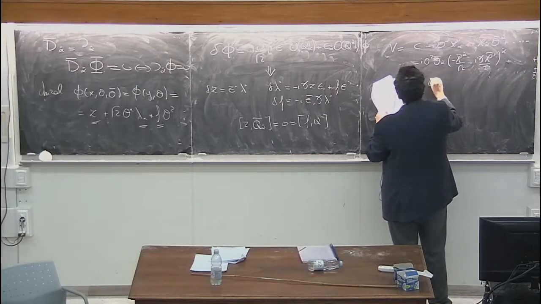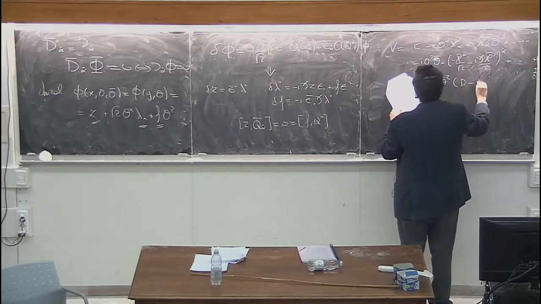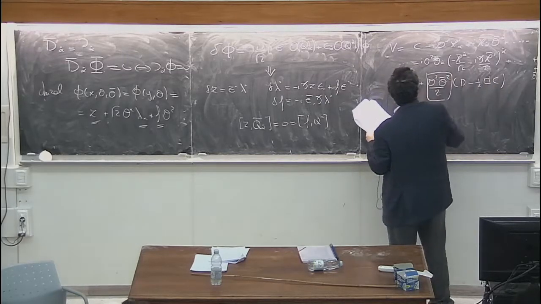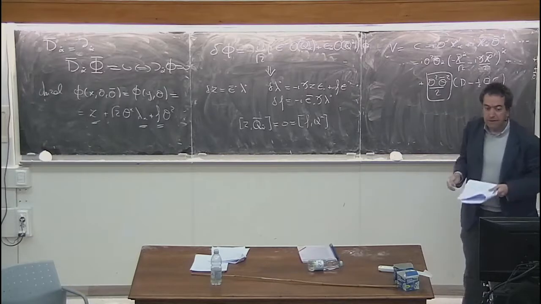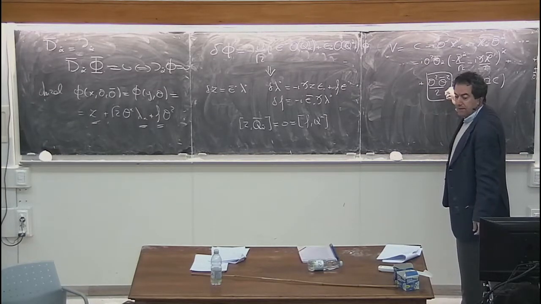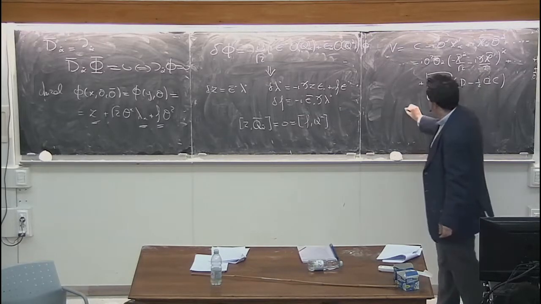Plus theta squared, theta bar squared, divided by 2, d minus 1/2 c. Okay, in particular, it has this highest order component in theta. Okay, this is called the d term of the superfield.